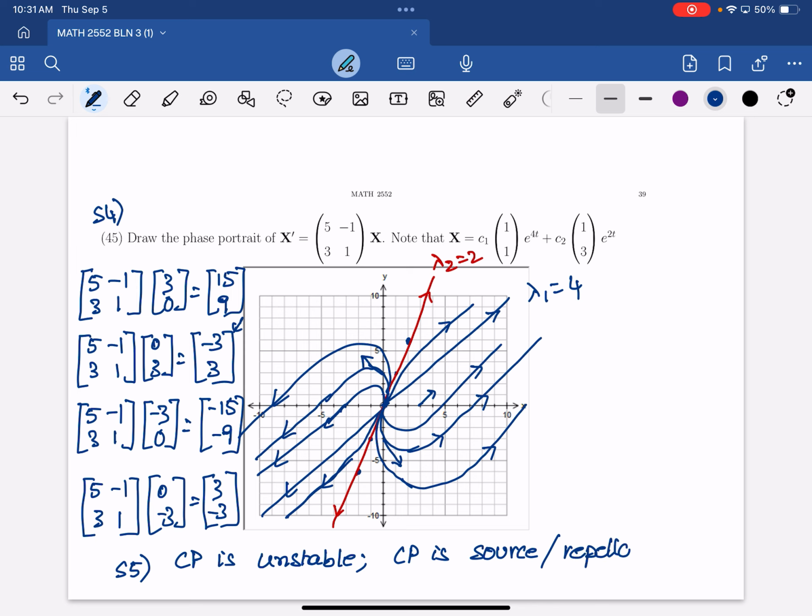When it is negative, it is a sink or the attractor. I studied this in the context of the bar magnet, where the magnetic field goes into something. It's called a sink. The other one, it goes out of it. I forgot. It gets out of the North Pole and converges to the South Pole or something like that. Anyway, I could be wrong. I studied it several years ago. So sink and source is basically in that terminology. So the critical point is a source and repeller. Is that clear? Are you all good with this?